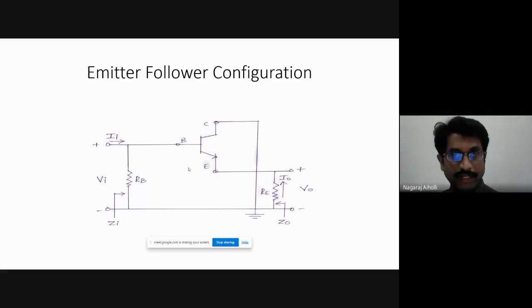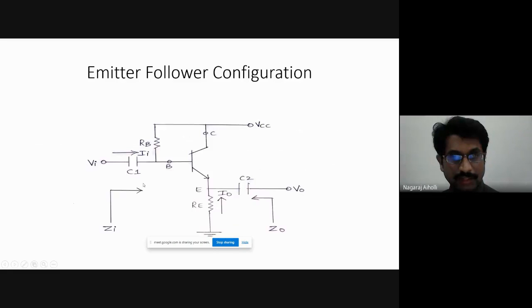This is the circuit that we get here. We have the input voltage Vi, input current Ii, and the resistance RB, the same as in the previous one. Why are we getting it here? Because VCC is grounded, it is connected to ground, it is 0 volts. Therefore, RB comes in between the base terminal and the ground.